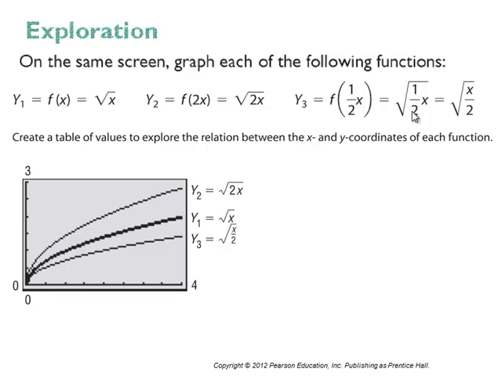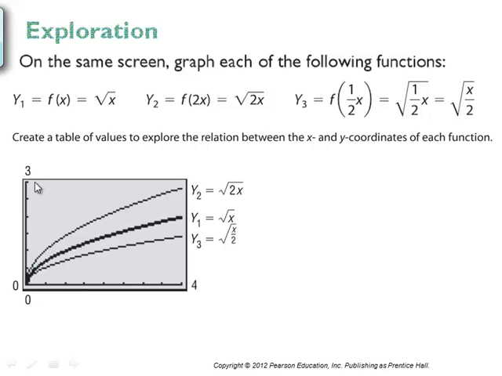It looks like vertical compression or stretching, but really what's happening, first of all, look at the black curve. That's the graph of the square root of x. But when you multiply x by 2 within the function, it creates a horizontal compression. Imagine taking the square root of x graph and compressing it to the left by a factor of 2.